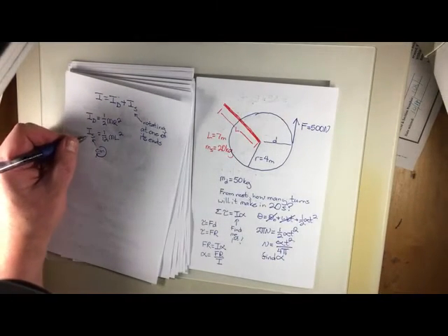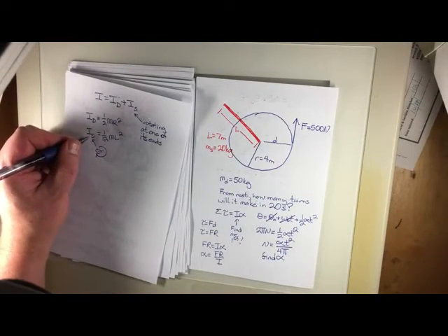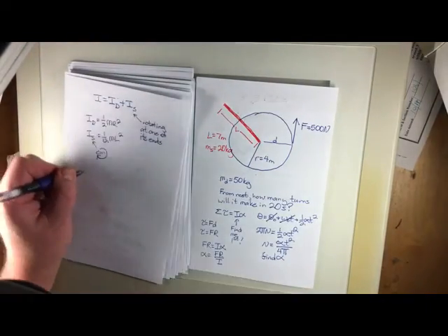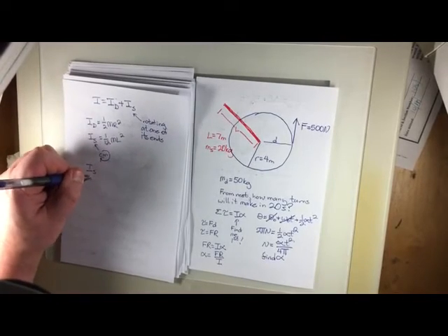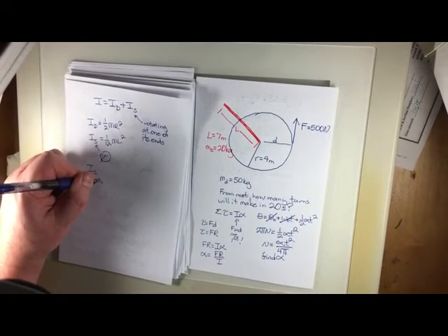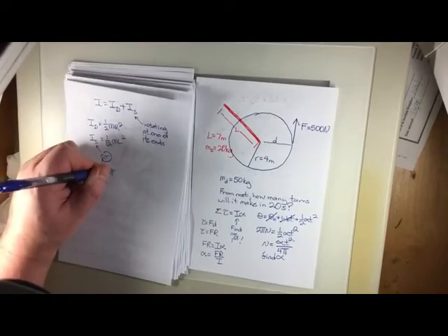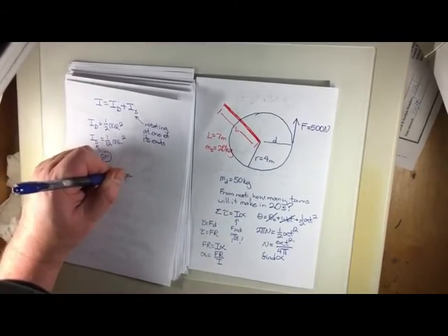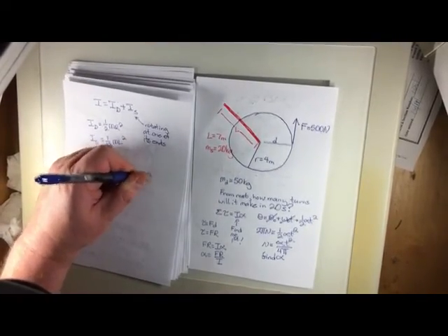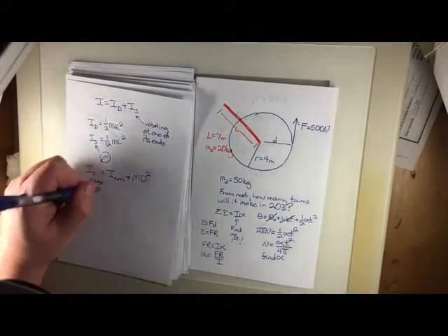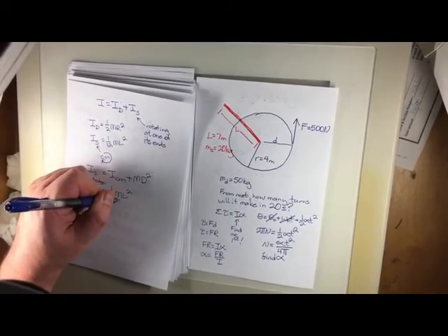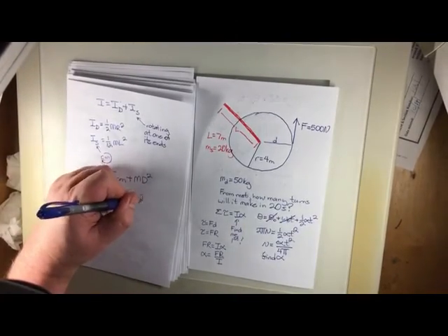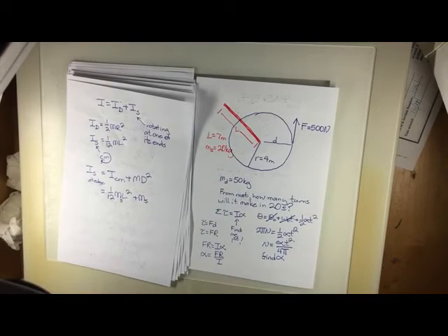We've got to use the parallel axis theorem, because the moment of inertia of a stick about one of its ends is the moment of inertia about the center of mass plus m d squared. So this is 1/12 m l squared plus mass of the stick times d squared.